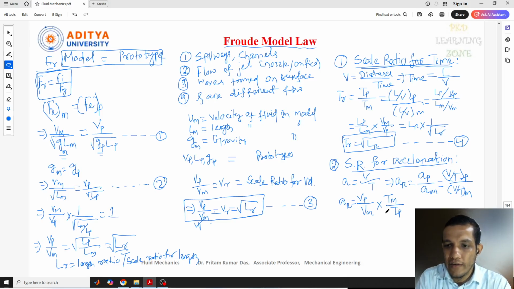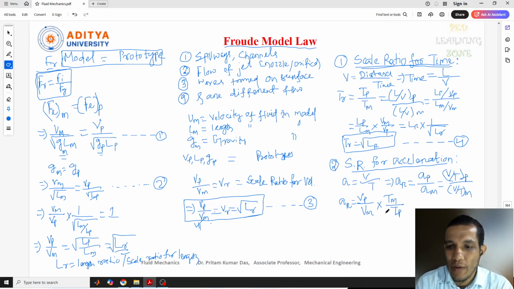Again we can reframe this equation like how we have done for the first one, the scale ratio time. Similarly this also can be converted. So we can write root over of LR. Again the same thing we are going to get here. Let's check it.